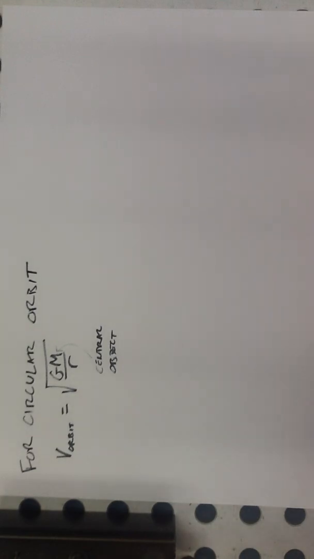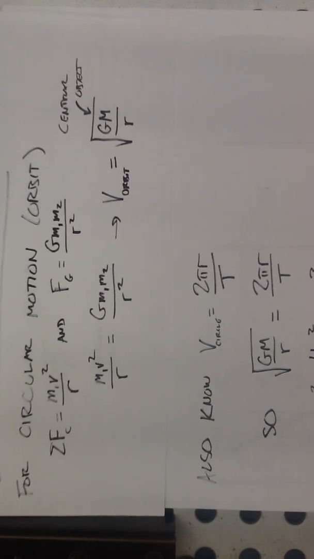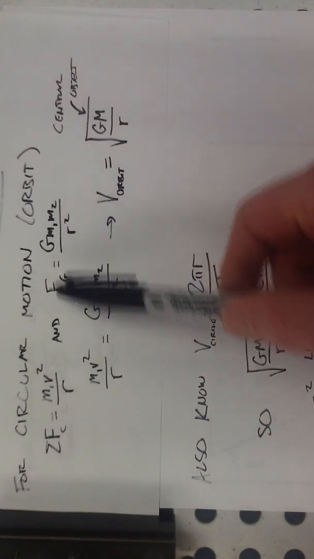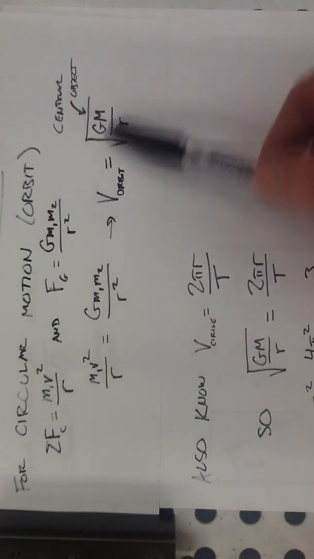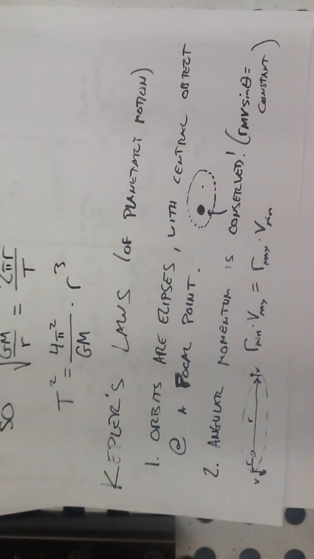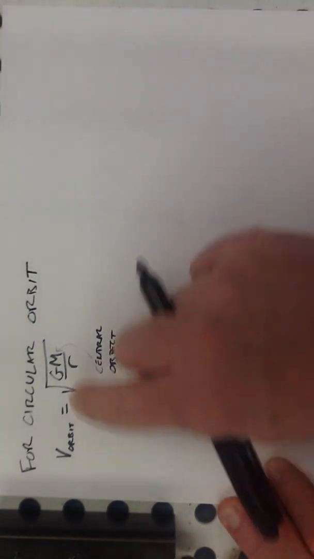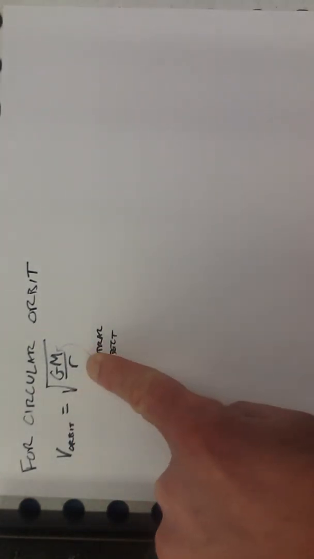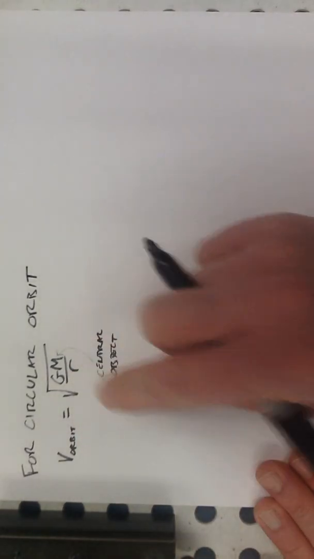I've actually got them right here. That came from these notes here, where we set these two things equal to each other, and we did a little bit of algebra, and we got this result here on the way to getting Kepler's third law. Okay, so this is not on the equation sheet. That is something that you need to be able to derive, but I'm not going to redo that for you.